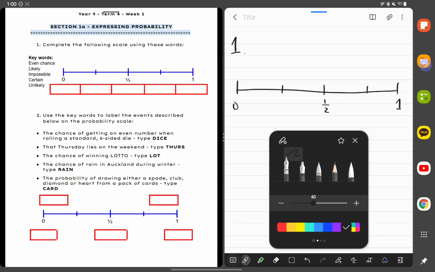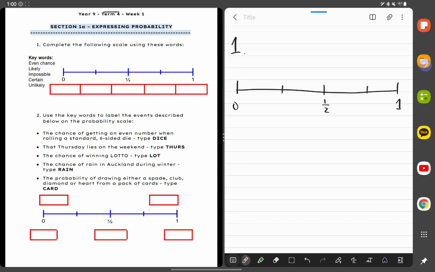That first one, let me just change the color there. That first one is going to be 0, impossible. Right. That middle one is going to be even chance.